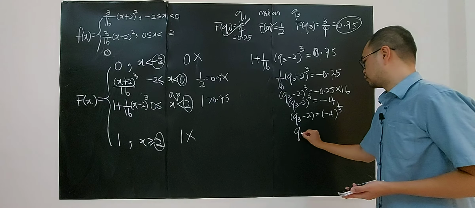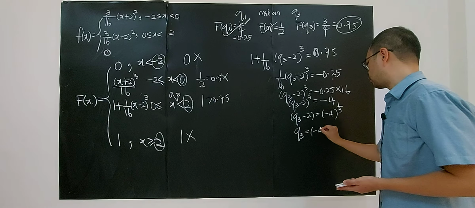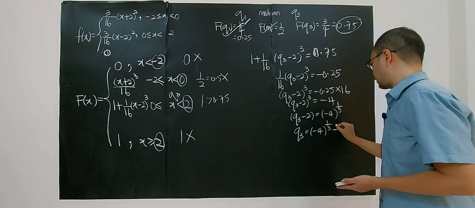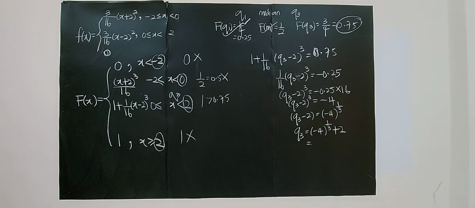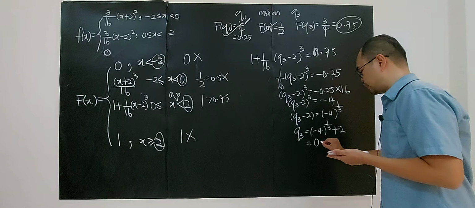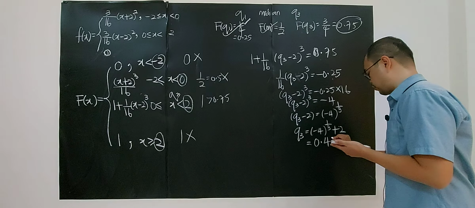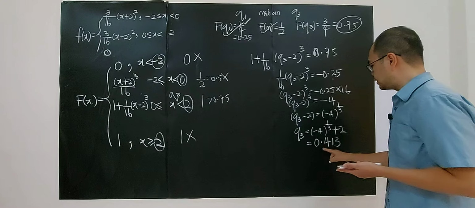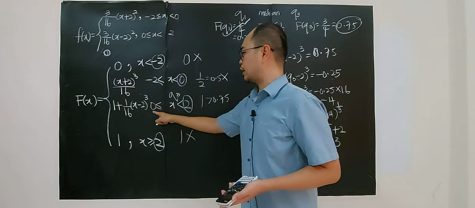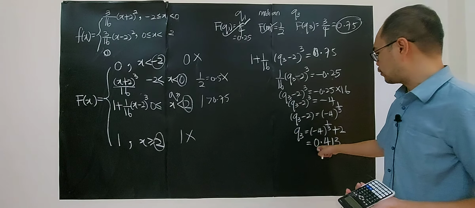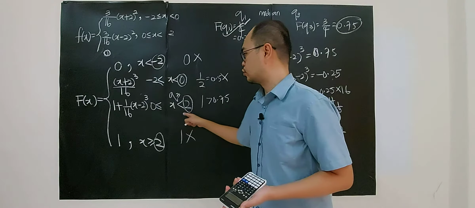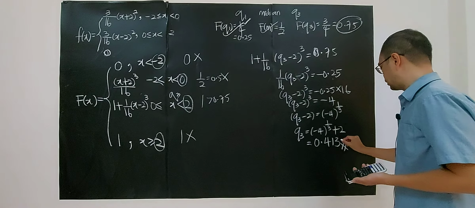Later on, your third quartile will be negative 4 to the power of 1 over 3 plus 2. Let's see what the value is. Okay, I'm getting, in 3 significant figures, Q3 is 0.413, right? And this value must be in between 0 and 2. Yes, exactly. It means that the third quartile is between 0 and 2. So this is the value for the third quartile.